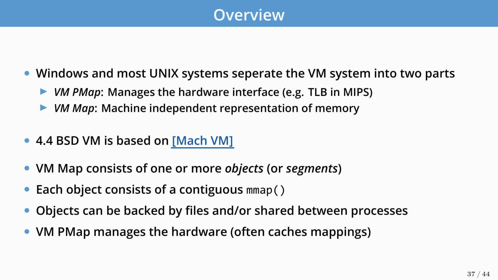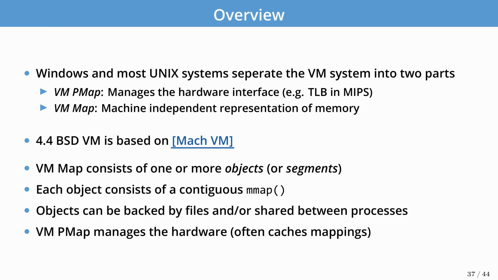Each object consists of a contiguous mmapped region. So every time you call mmap to map a region of memory, that'll often correspond to a single object. Objects can be backed by files or shared between processes or just be anonymous memory.